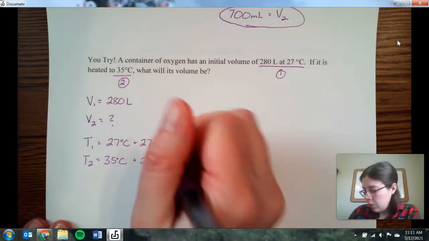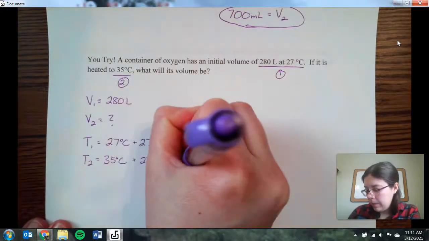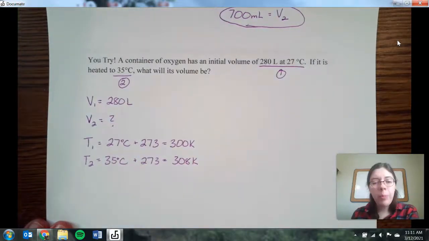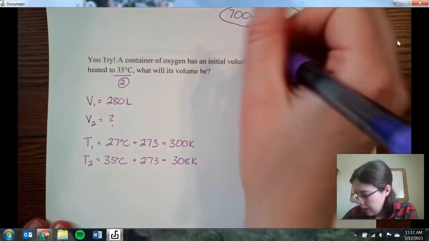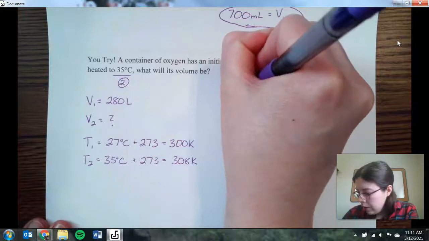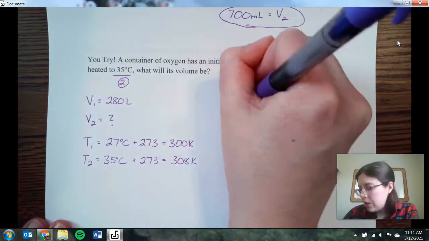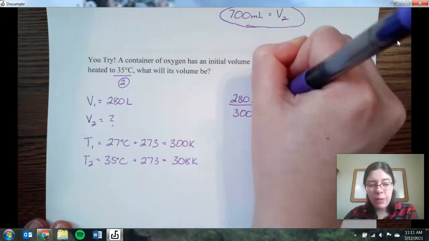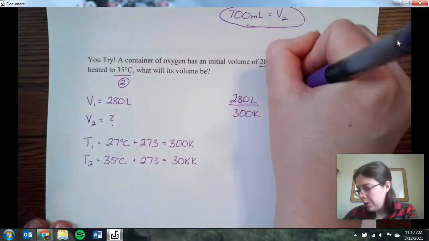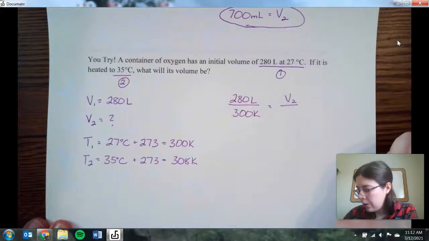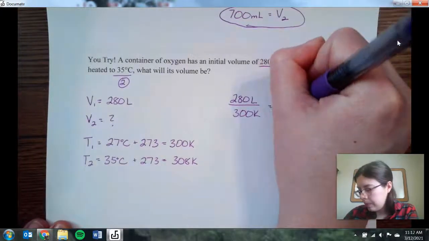So that gets us up to 308 Kelvin. Okay, from here, let's start plugging in our values. So we have 280 liters divided by our T1, which is 300 Kelvin, and that is equal to our V2, which we do not know, divided by our T2, which we do know.